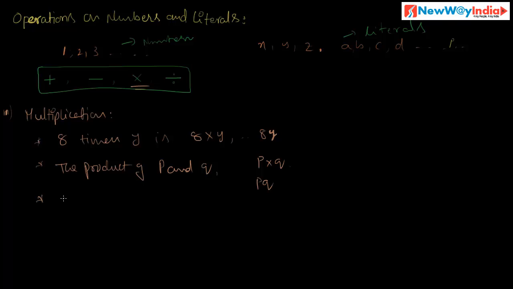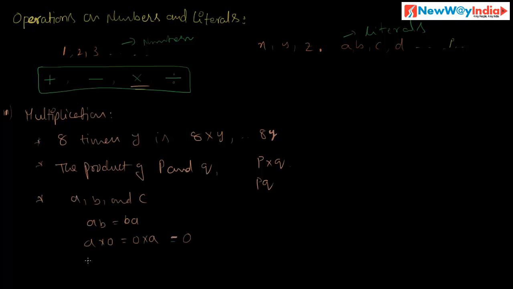And if you consider any numerals, any literals like this, then what are the identities, what are the laws? a into b is equal to b into a, and a into 0, and 0 into a, that is equal to 0.